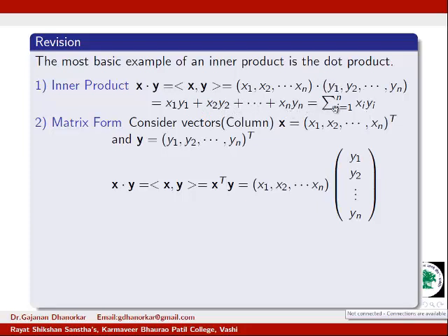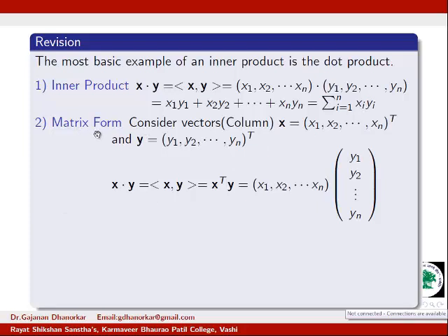Now we can write this in symbolic form as the summation with i varying from 1 to n, meaning x1 y1, x2 y2 and xn yn. Here I am taking i as the index, and this is the short form. Again, this inner product we can define in matrix form.